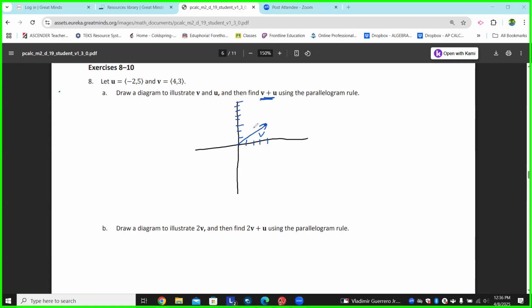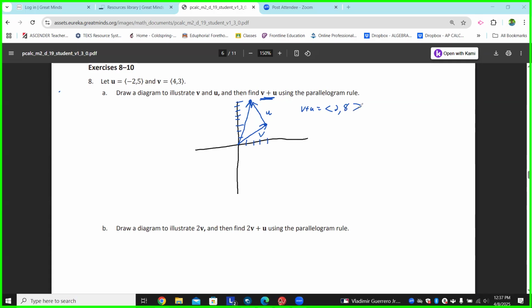So over 2, 5. This would be my U. Now to find V plus U, I just have to find the vector that attaches from the origin to said value. And what value is that? Very good.